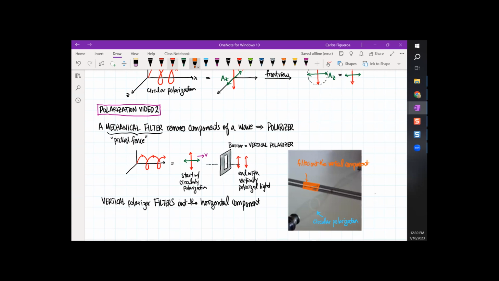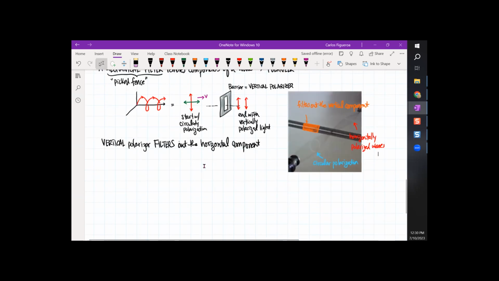Because what you're left with right here is you have horizontally polarized waves. That's what we're seeing right there. So we don't really want to get attached to this picture because the picture does not apply to electrical.